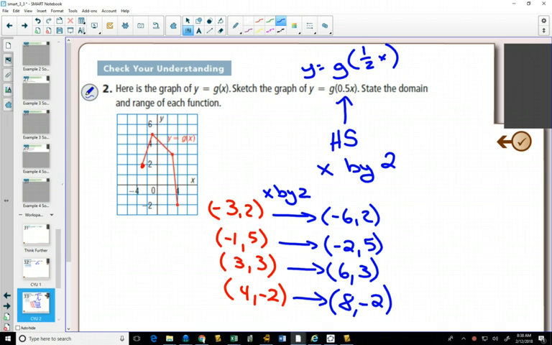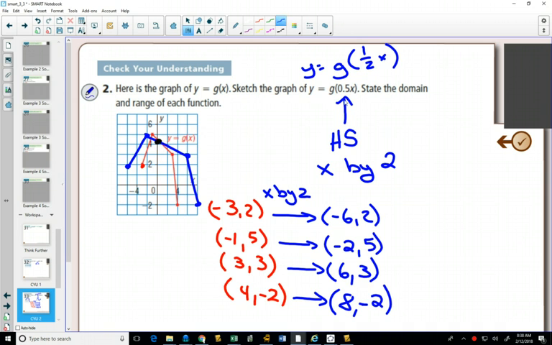Once we've done that, we can now label those points and connect the dots. Visually, what we imagine with a horizontal stretch is you're grabbing hold of your graph on both sides and pulling it away from the y-axis. The only point that doesn't change is your y-intercept.